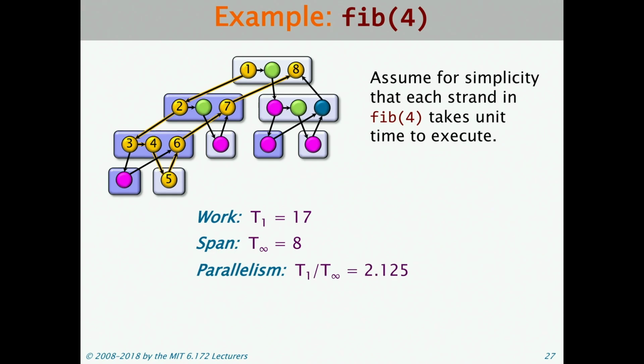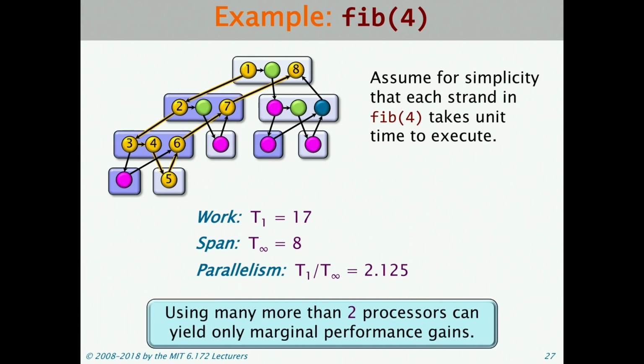And so for all of you who guessed that the parallelism was 2, you're very close. This tells us that using many more than 2 processors can only yield us marginal performance gains. Because the maximum speedup we can get is 2.125. So if we throw 8 processors at this computation, we're not going to get a speedup beyond 2.125.